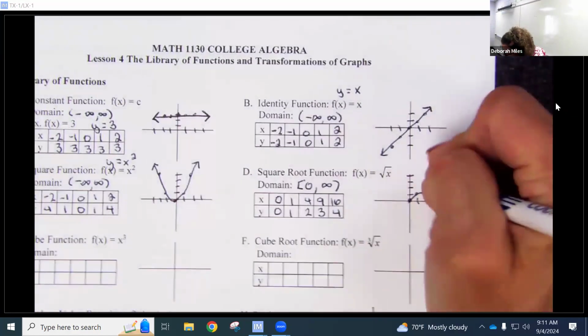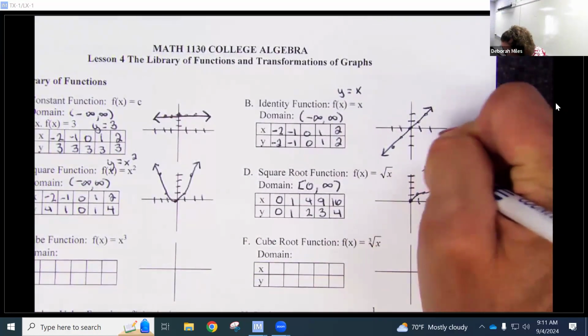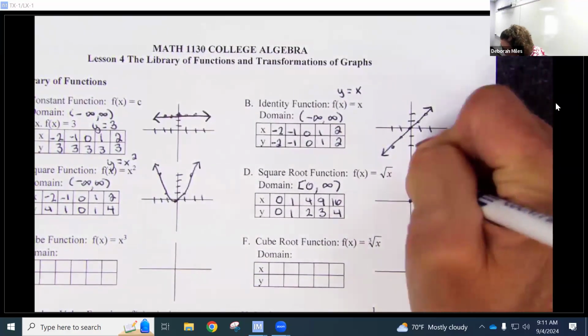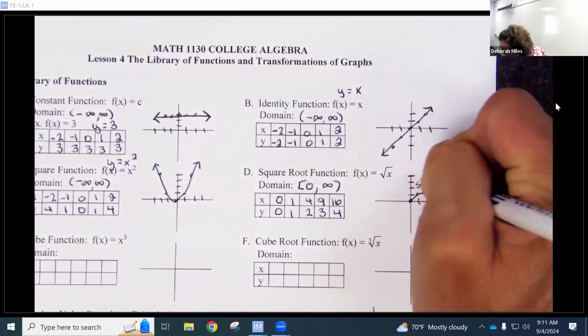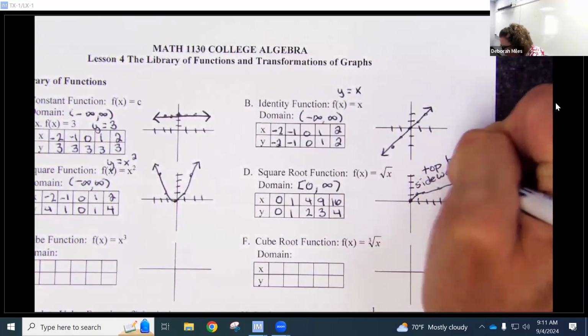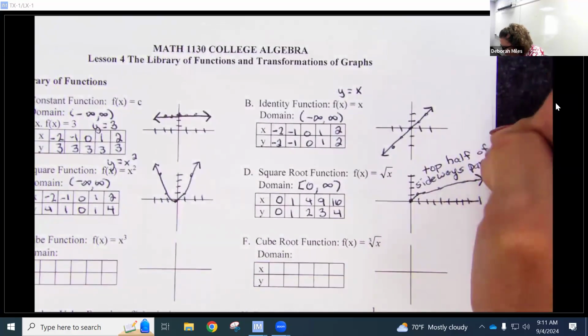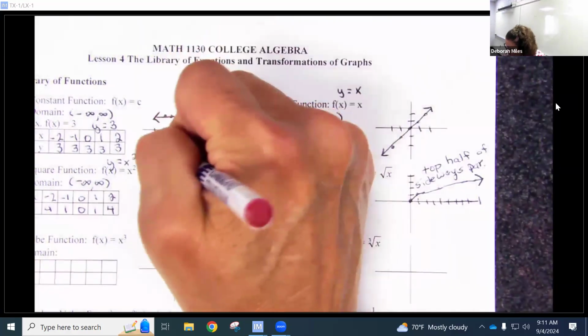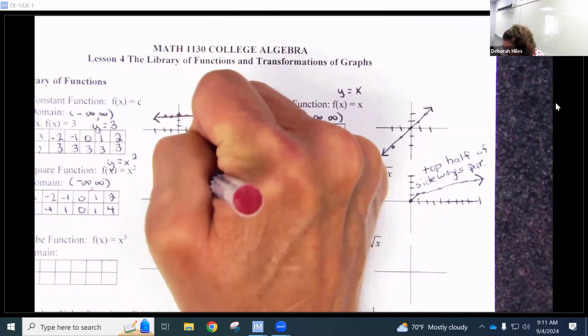I'm going to call it top half of a sideways parabola when I need some words to describe the shape that I'm expecting. Top half of a sideways parabola. Here's the whole word parabola.